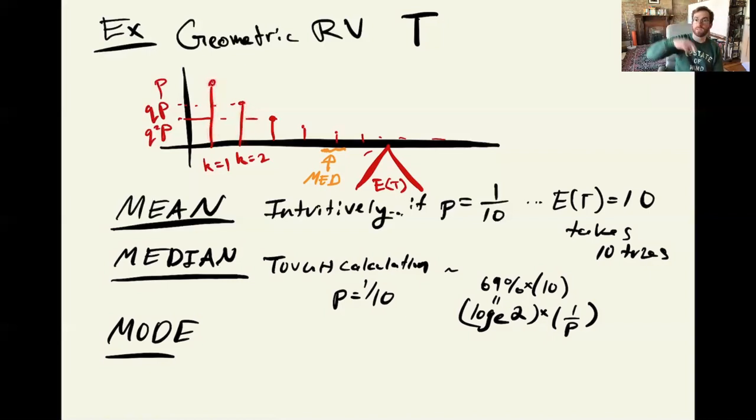So higher means more probable, lower means less probable. So actually, this is very clearly our most probable outcome. This has the kind of counterintuitive effect that in this geometric random variable, the most likely outcome is actually that you succeed on the very first try.